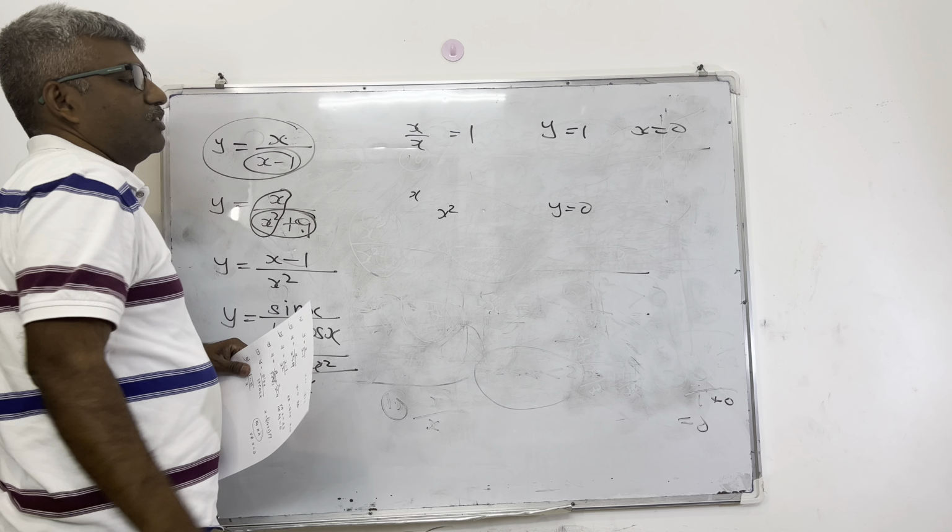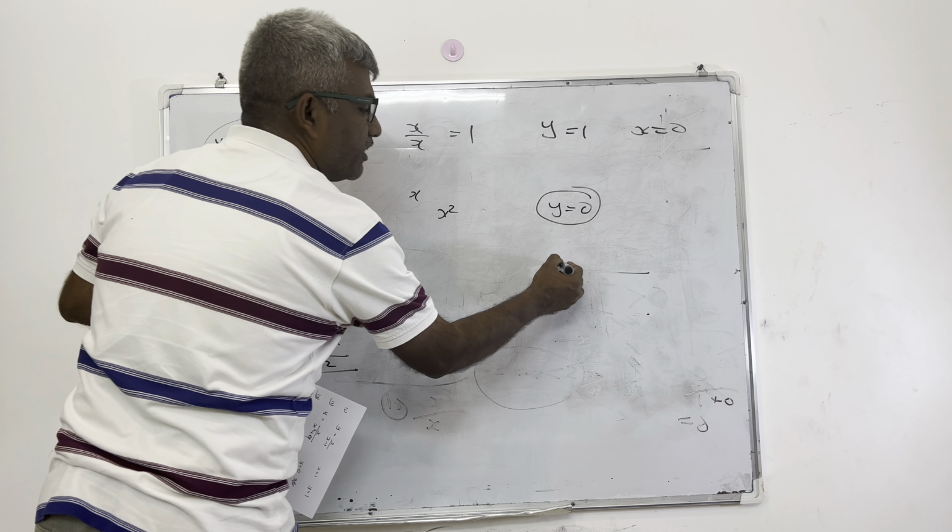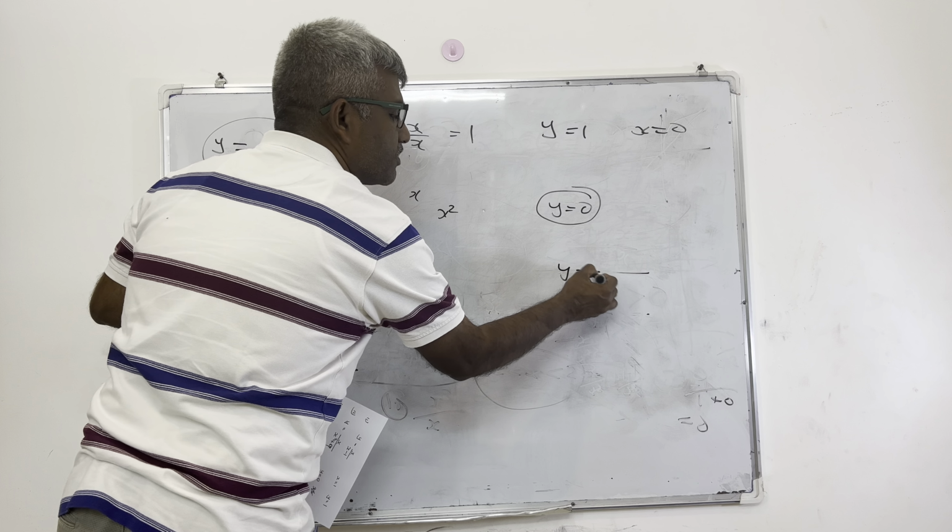Always note this down. Here also the same: x minus 1 over x squared. The denominator is the higher power, so y equal to 0. Note it down, this is the horizontal asymptote. The vertical asymptote is at x equal to 0.